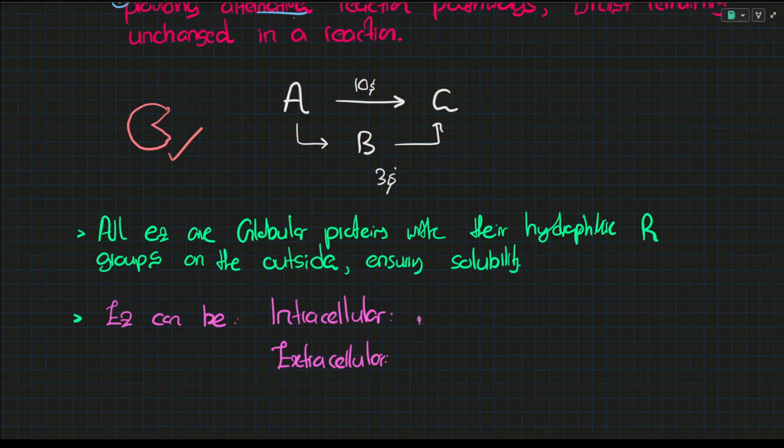What does intracellular mean? Functioning inside the cell, obviously. What does extracellular mean? Whenever we have an enzyme that is extracellular, it is functioning outside the cell. No big deal.